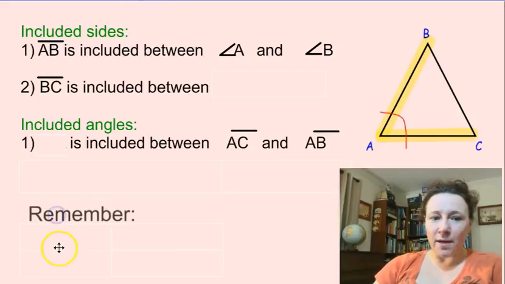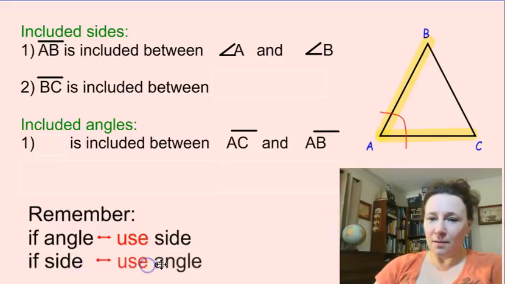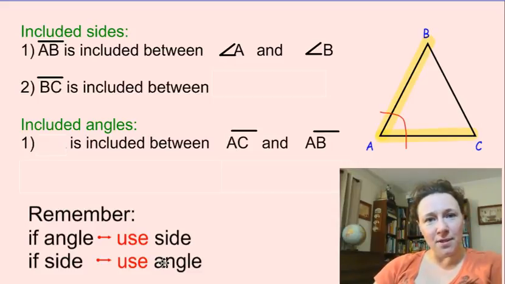Remember, working with the sides, look for an angle. Working with an angle, look for sides when it comes to identifying included and opposite elements. So, angle A is an angle that's included between these two sides.